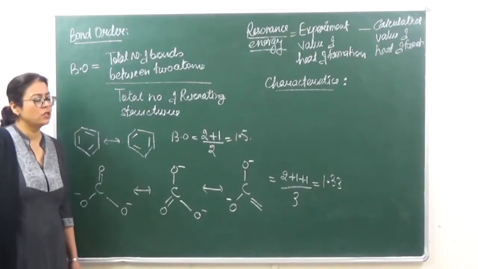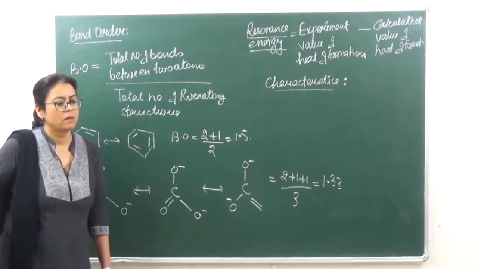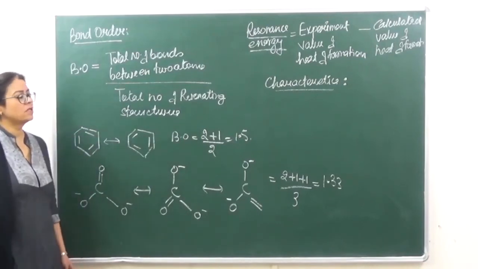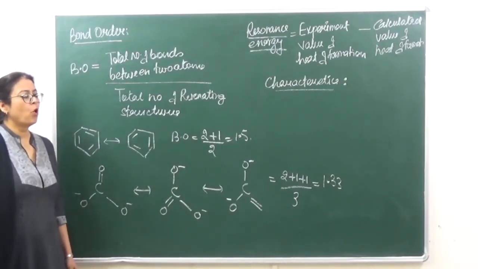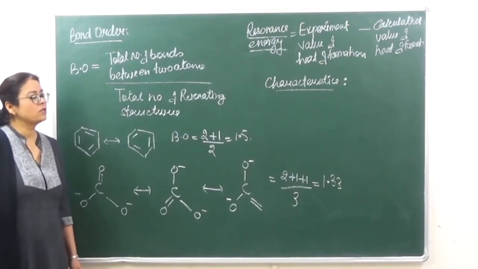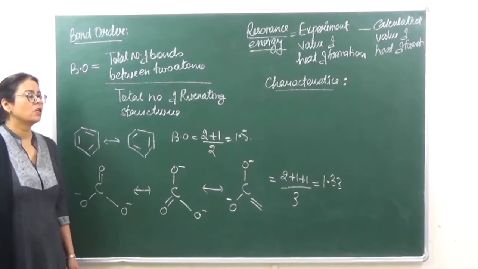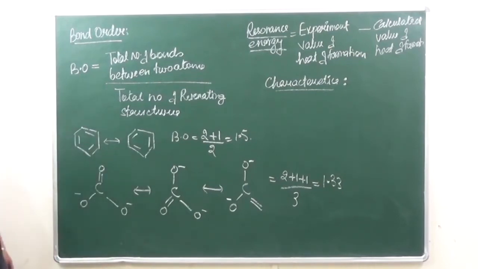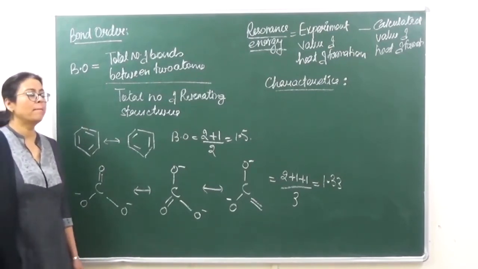Greater the resonance energy, more is the stability. Now why is this happening? Because resonance energy is the energy released. So if more energy is released, the molecule is going to become more stable.